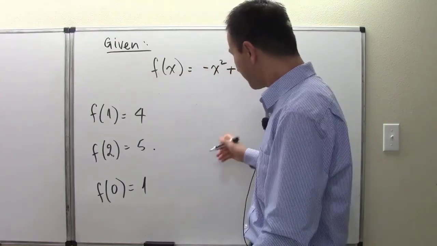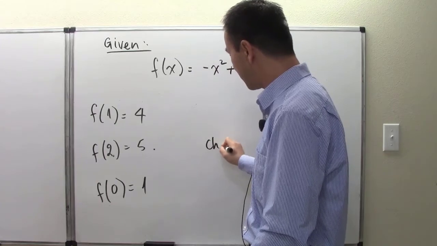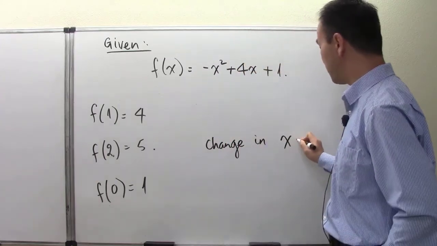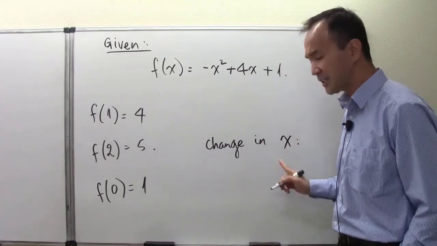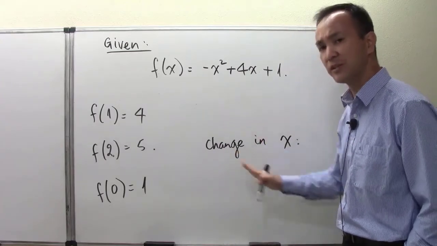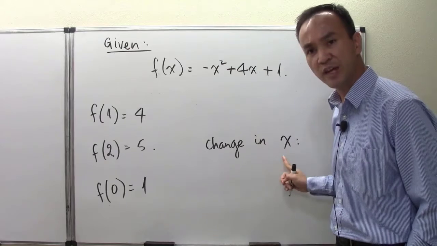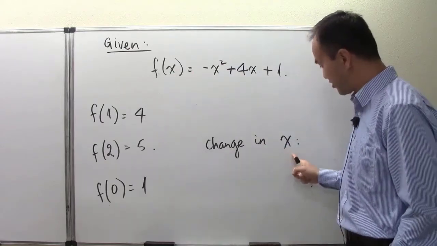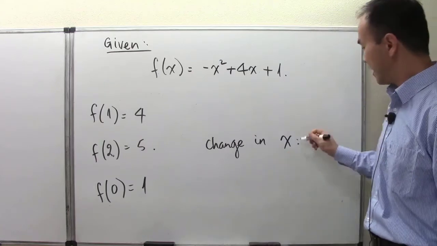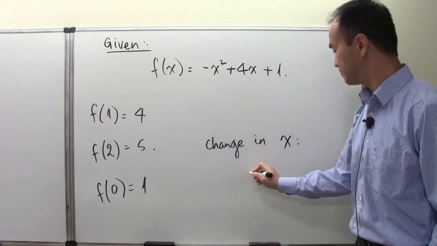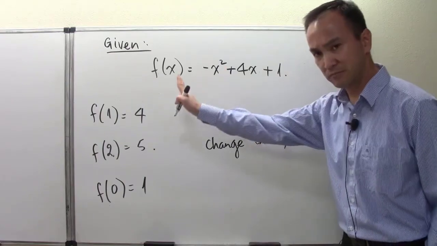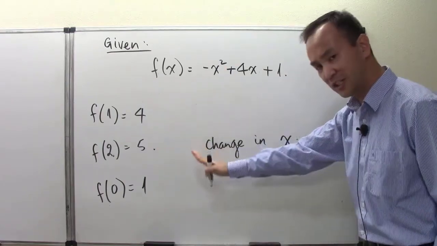So now for the change in the inputs, x right here, let's stay with the tradition where we use x as the input, and in this function, x is the input. So the change in x. Now for changing x, let's organize the change from smaller to larger.